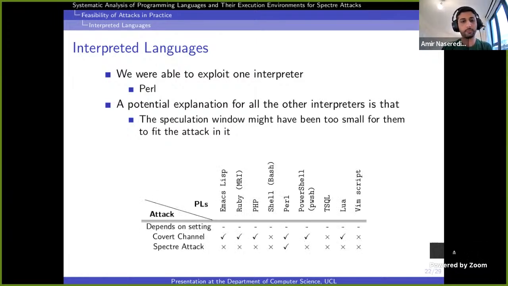And this is a table for the result. None of the attacks depended on the setting of the compiler or the interpreter in this case. And we were able to find covert channels, but we were not able to pull off the attack.